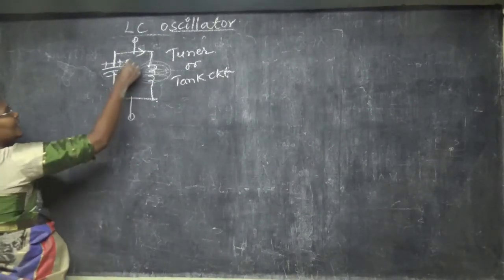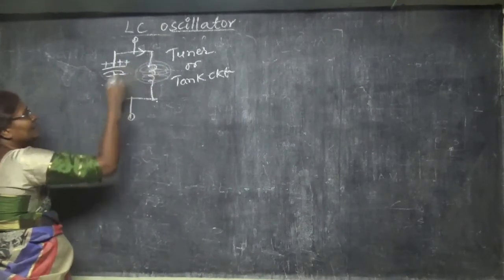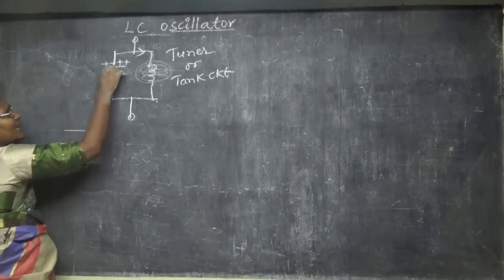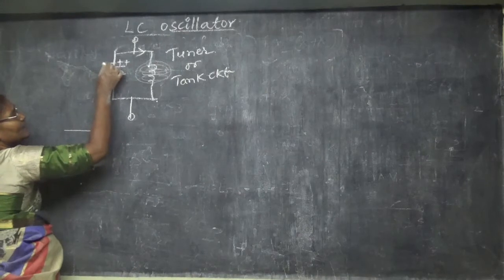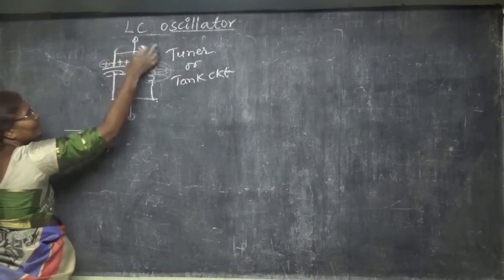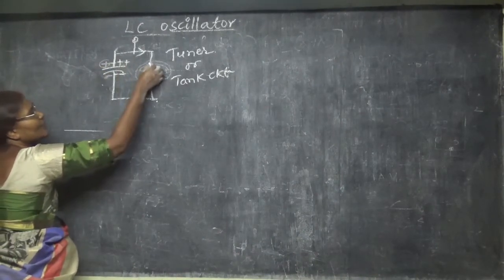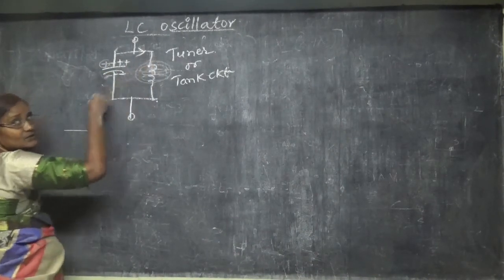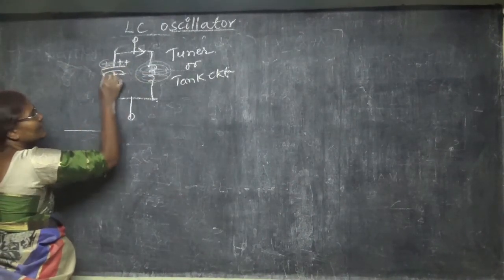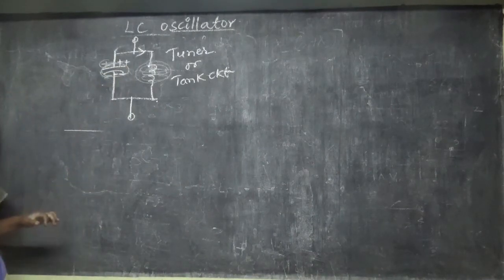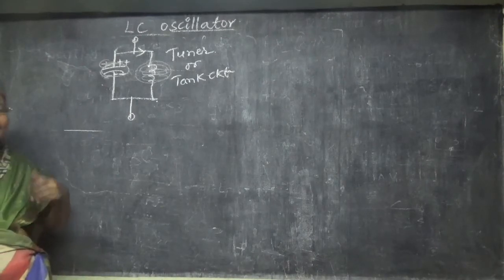When the current is flowing through this, gradually the charge is going to empty here. First one plus will go, then one minus and one plus will go. So some energy will be stored. Next, the complete charge on the capacitor, or the complete energy stored in the capacitor, is emptied.